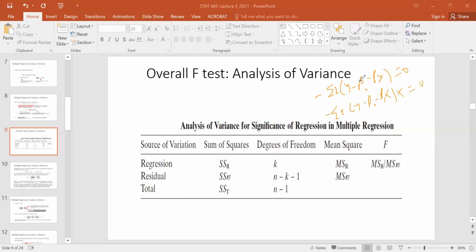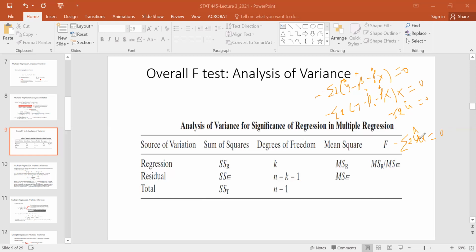And what is in the bracket is just what? It's pretty much like summing u hat, if we put a hat on the estimators, so this becomes u hat. This is -2 times the sum of u hat equals 0, and then negative summation of 2 u hat x equals 0, because what's in the bracket is like u hat.